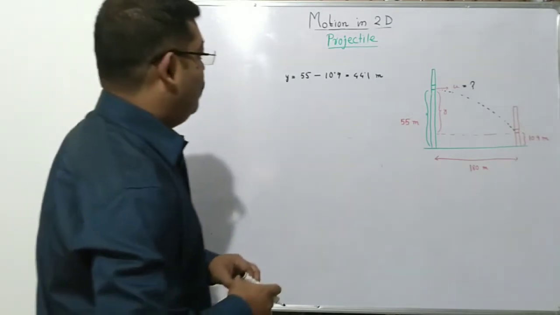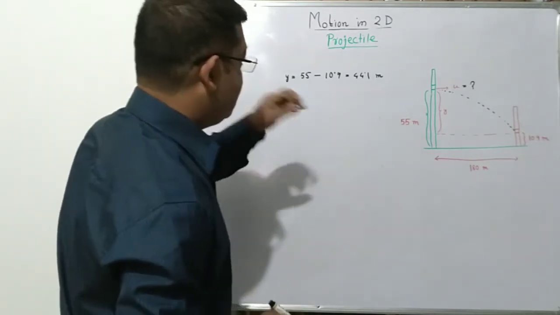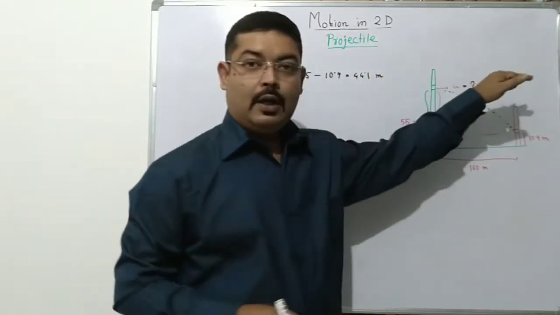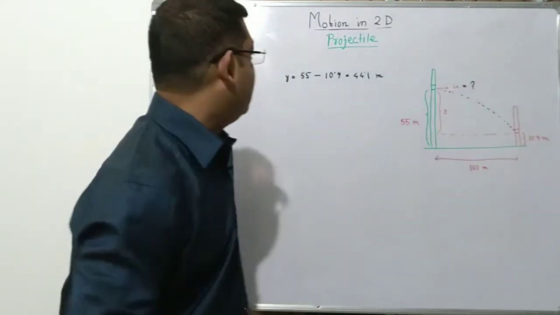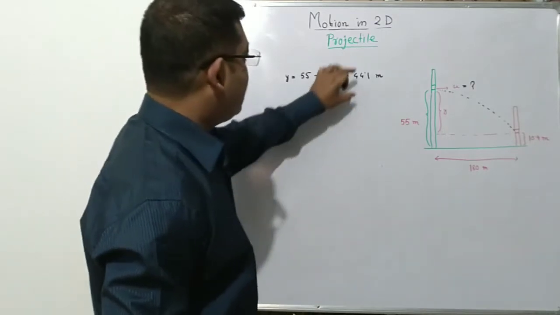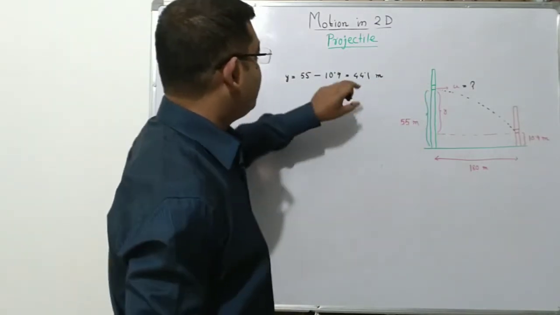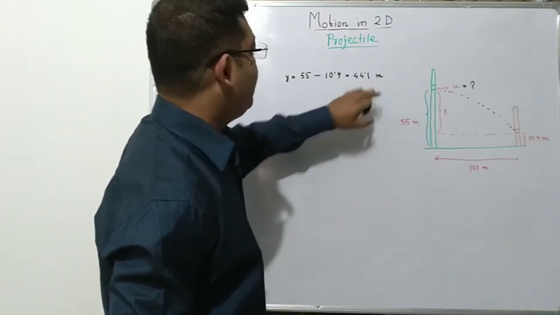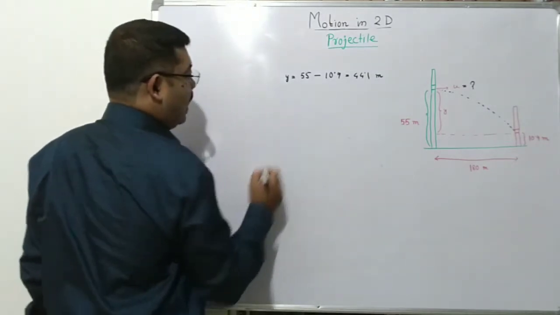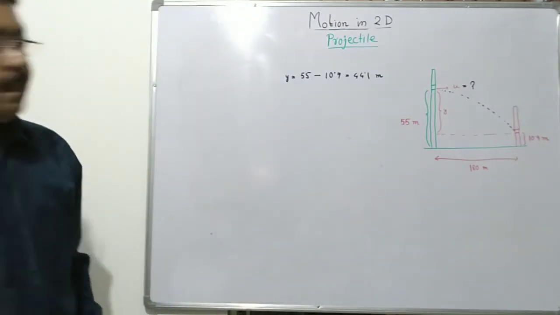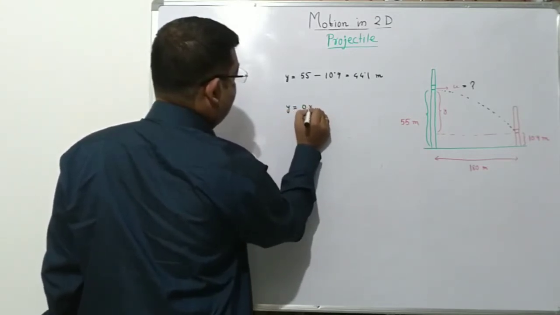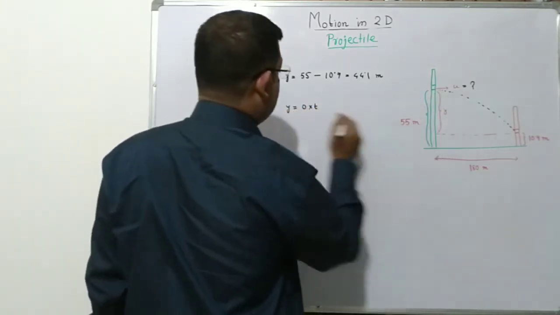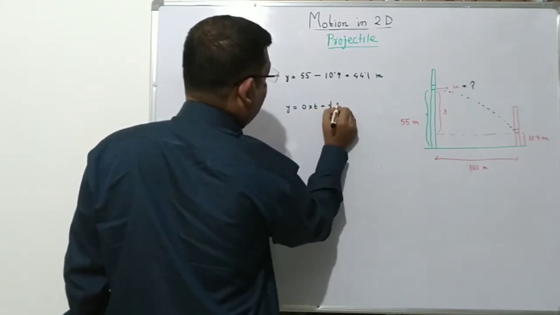Now, since the object is thrown in the horizontal direction, there is no initial vertical velocity. So the time taken to travel through this distance y, that is 44.1 meters, can be found by using the equation y equals ut, that is 0 into the time taken to travel this distance, plus half g t square, motion under gravity.